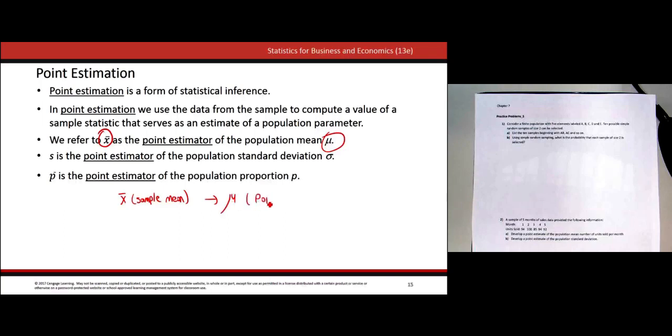The sample mean is just one single number, so we don't know how close that sample mean is to the actual value of the population mean. That's why it is a point. You can collect the sample and calculate the mean, but it is just one single number. So the sample mean is a point estimator of the population mean.